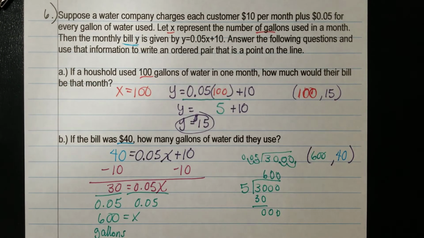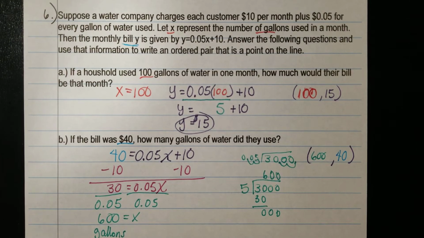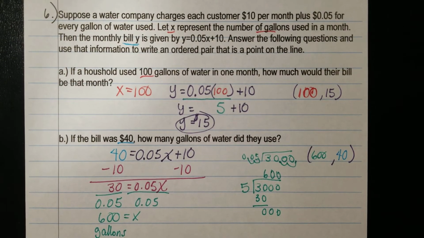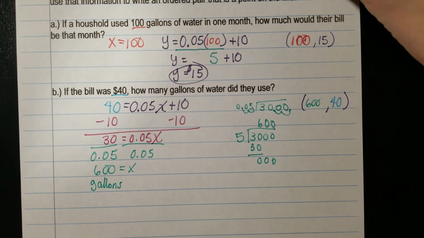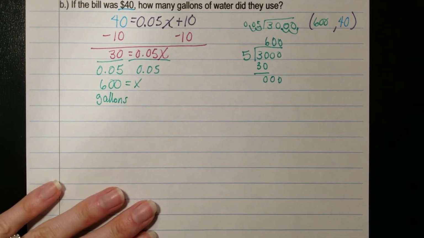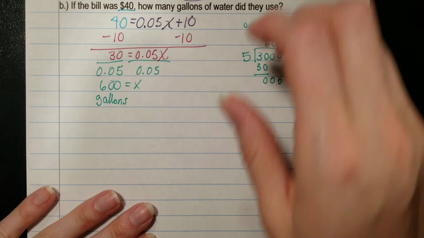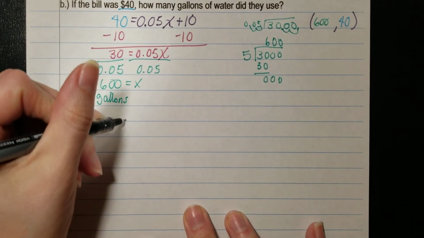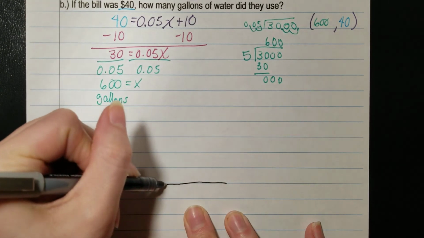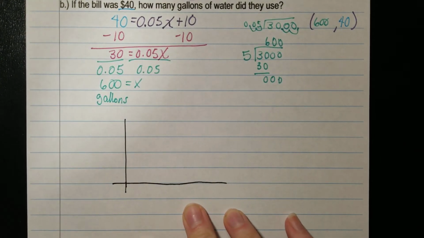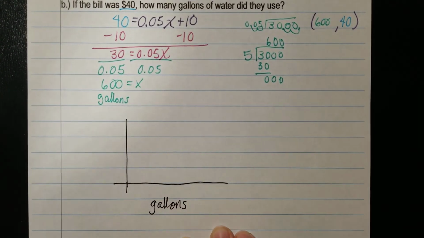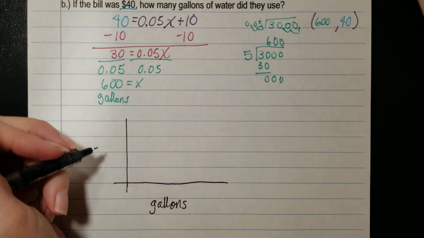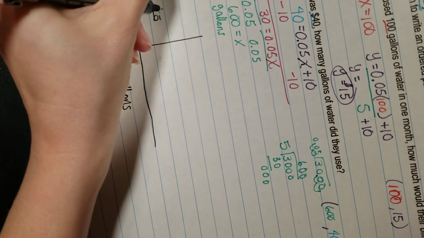All right, and I'm going to go ahead and wrap this up with graphing this particular line. Do a nice little sketch of this application problem. Okay, so the x-axis represents the number of gallons, and the y-axis represents the dollar amount of the bill.